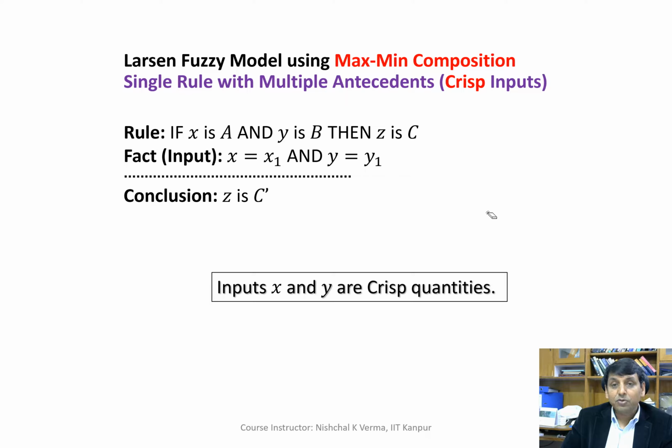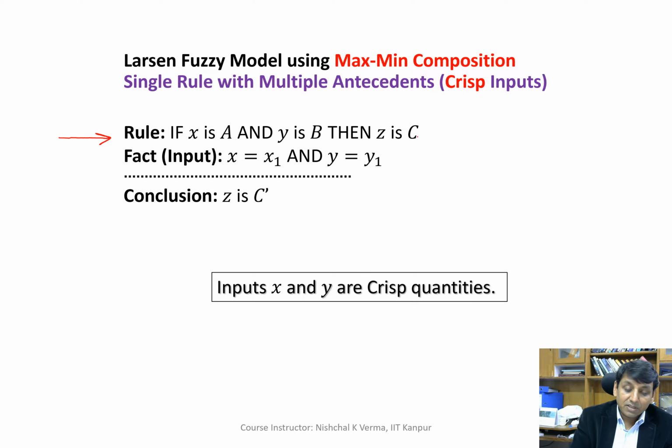Now let us go to the crisp inputs. In the second case itself, let us use the crisp inputs instead of fuzzy inputs and see what we are getting. The rule remains the same because we are dealing with the Larsen fuzzy model with a single rule and multiple antecedents.